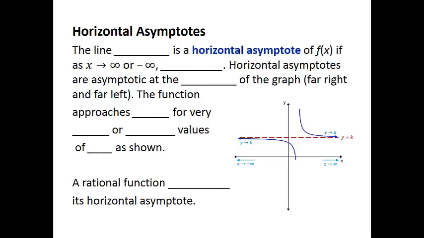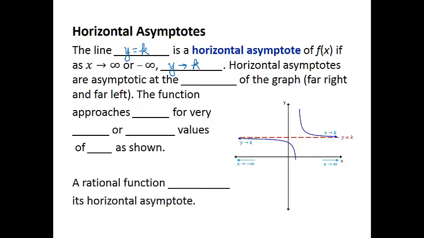We now turn our focus to finding horizontal asymptotes. The line y equals k is a horizontal asymptote of a function if, as x approaches infinity or negative infinity, y approaches k. So horizontal asymptotes have to do with the function values, whereas vertical asymptotes have to do with the input of the function.